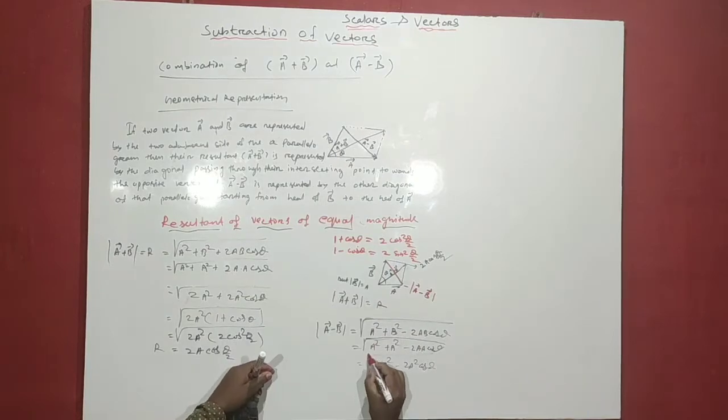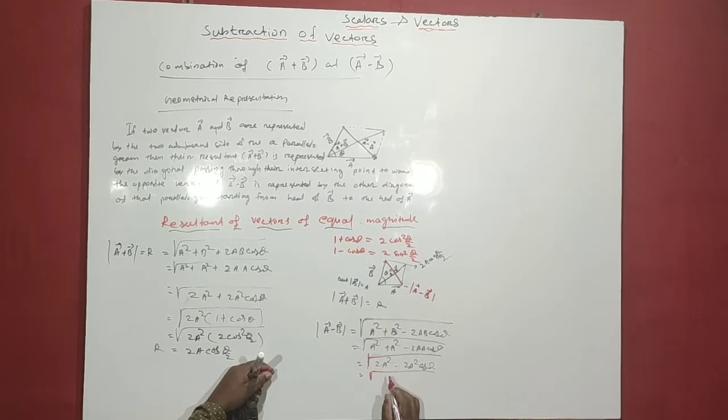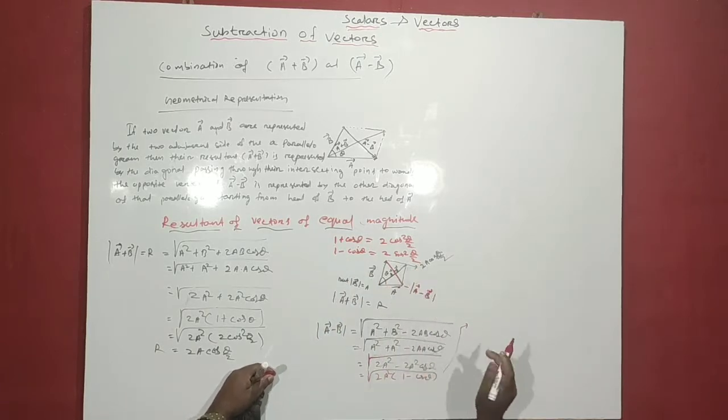I'm writing here in red color. Taking 2A square common under root, we get 1 minus cos theta. 1 minus cos theta is equal to 2 sin square theta by 2.